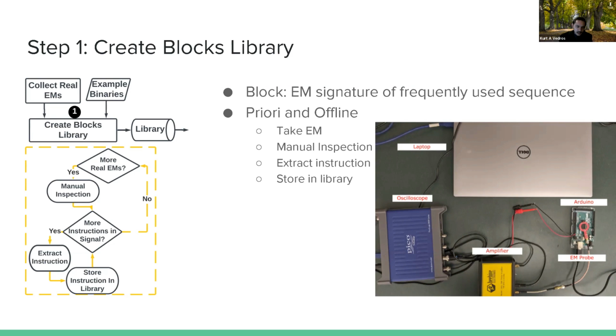Then one by one, a copy of the electromagnetic segment of each instruction is extracted from the full program signal and we store it into the library. This process is repeated for every individual electromagnetic observation that we've captured previously.